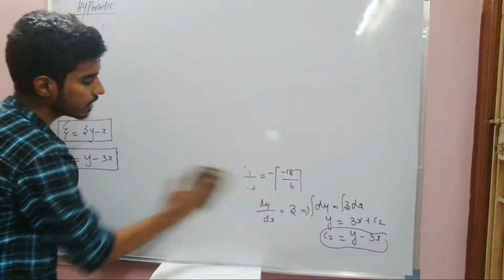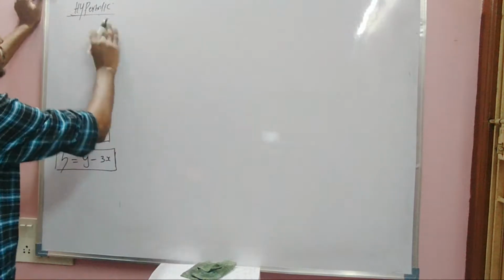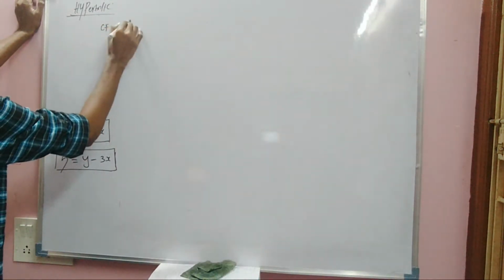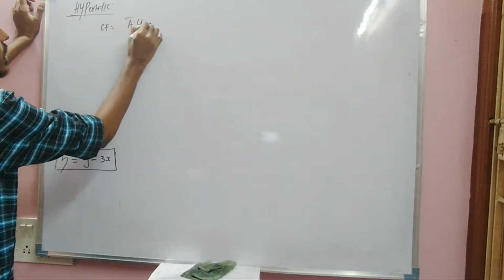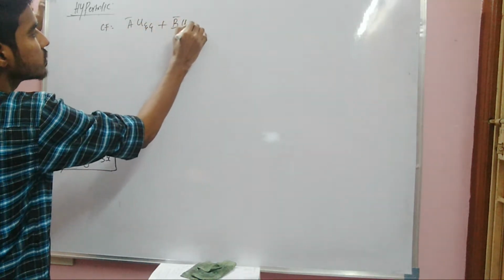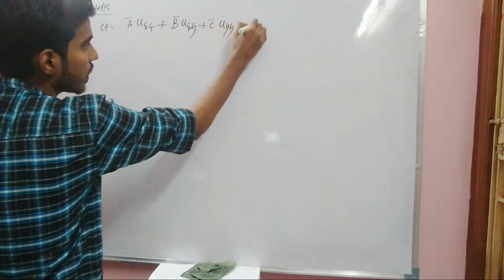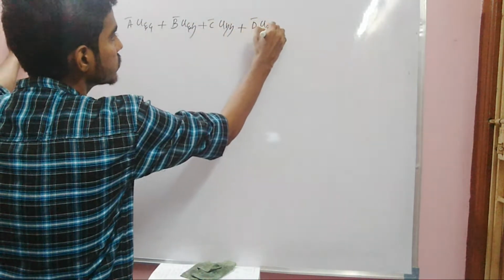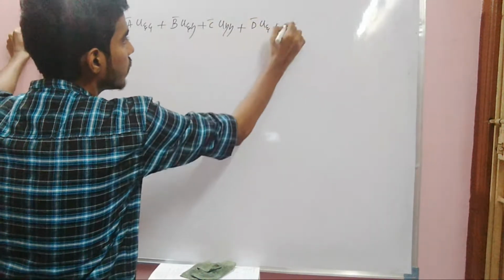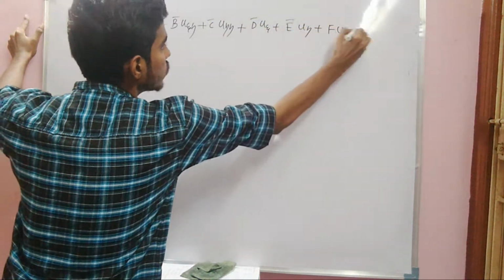After finding theta and eta, the problem will be very easy for you, because you just have to substitute in the formula, that's it. So our canonical form is a bar u theta theta plus b bar u theta eta plus c bar u eta eta plus d bar u theta plus e bar u eta plus f u is equal to g.